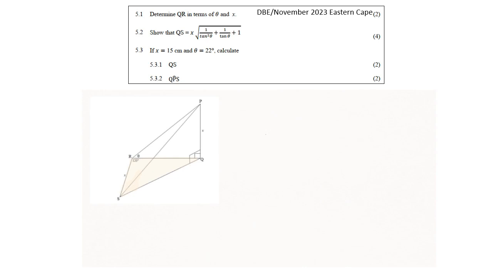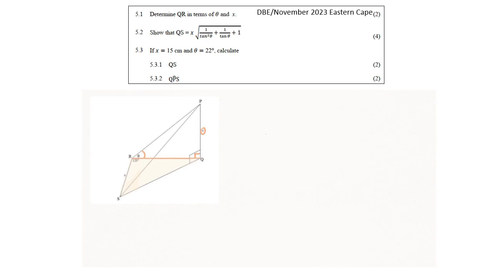QR is over here, and QR is part of two triangles, the right angle triangle PQR, and the obtuse triangle RQS. Now they ask us to determine QR in terms of theta and x, so that means we are going to make use of the right angle triangle at the top to determine the value of QR.